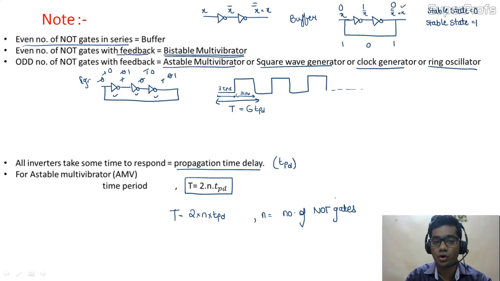Third point: an odd number of NOT gates with feedback would be an astable multivibrator, or clock pulse generator, and its time period would be 2 into N into TPD, where TPD stands for propagation time delay, N stands for the number of NOT gates, and capital T is the time period. So quickly write these points. Next we are going to see one example related to the NOT gates.